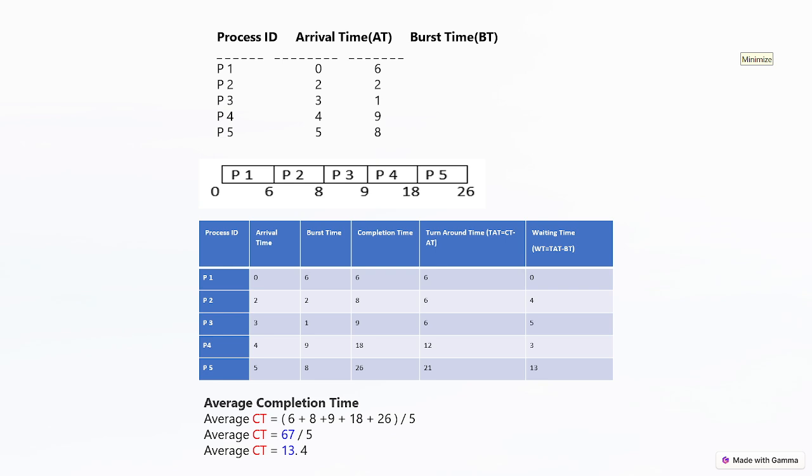Using this formula, I have calculated the turnaround times 6, 6, 6, 12, 21 for the 5 processes. Like this, I have calculated the waiting time for the 5 processes. And finally, we have to calculate the average completion time for all the processes. So here I have got 13.4 as the average completion time of the FCFS scheduling.